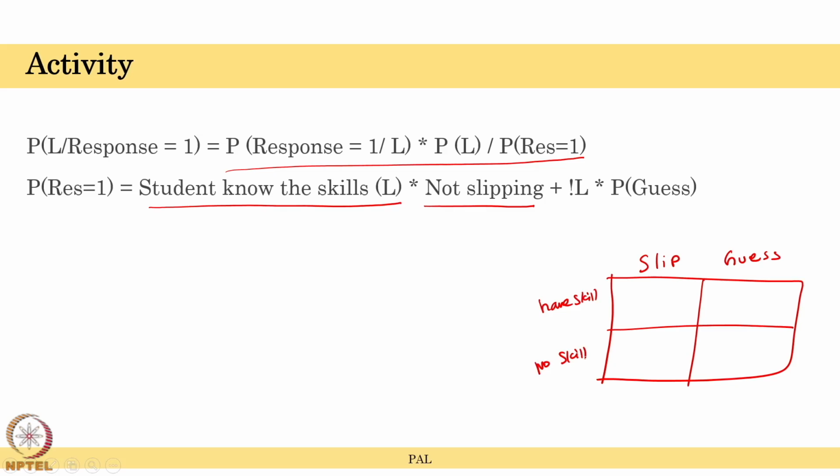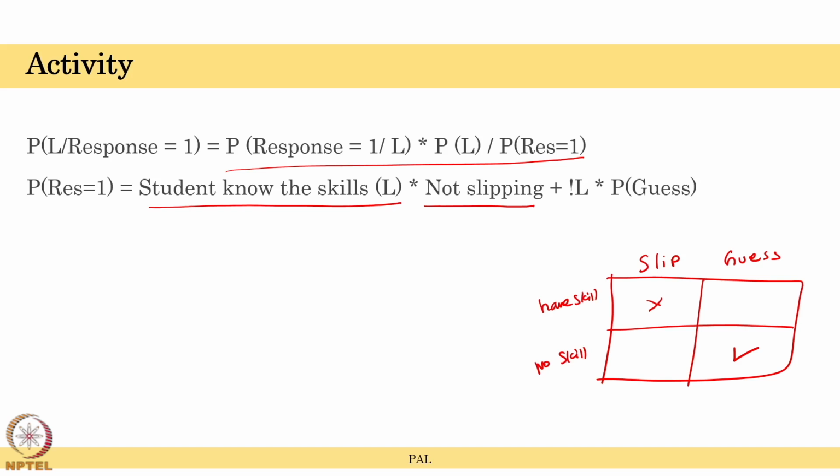If the student has the skill and is not slipping, then the response will be 1. Students have the skill and do not slip, or the student has no skill, literally no skill, but is able to guess it properly.